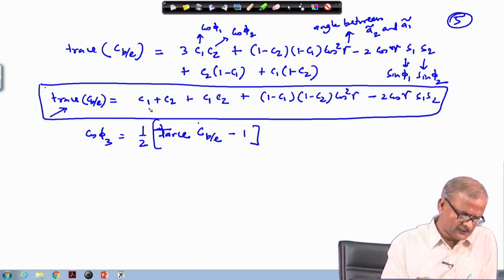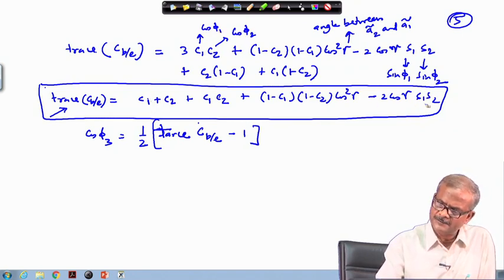So, if we try to work this out, remember that C 1 is cos phi 1, C 2 is cos phi 2 and so on, and here S 1, S 2 appear as sin phi 1 and sin phi 2.